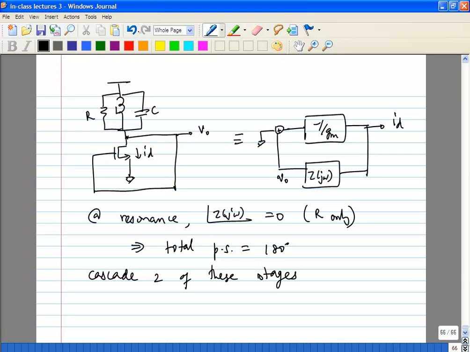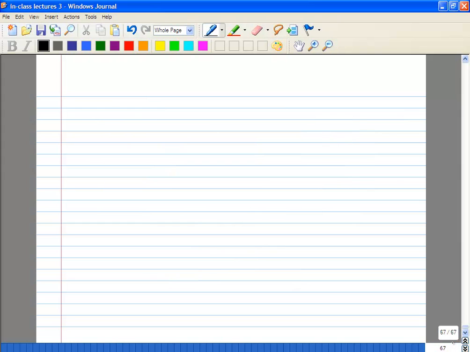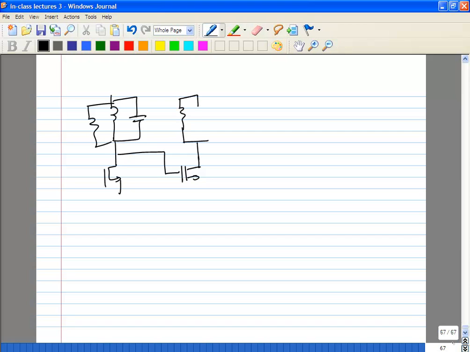So what we'll do is, we'll cascade two of these stages. Because if you cascade it, you will get a 360 degree phase shift at resonance.